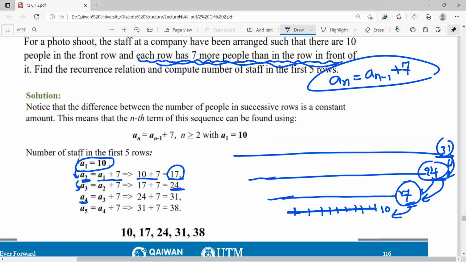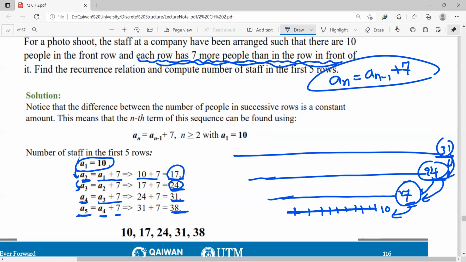Then A4 is A3 plus 7. A3 is 24, plus 7 is 31. Then A5 is A4 plus 7. A4 we found is 31, plus 7 is 38. That's it. These are the first 5 rows.